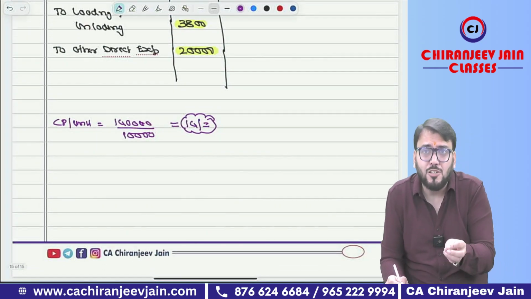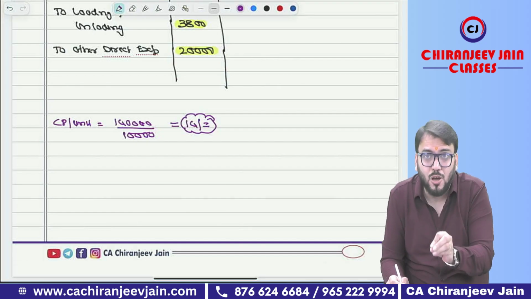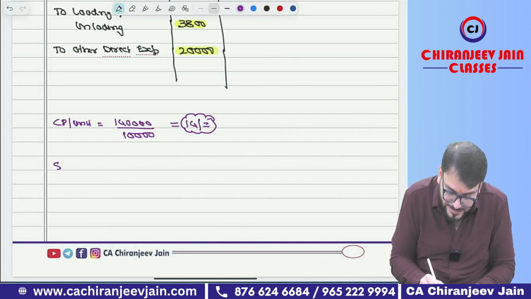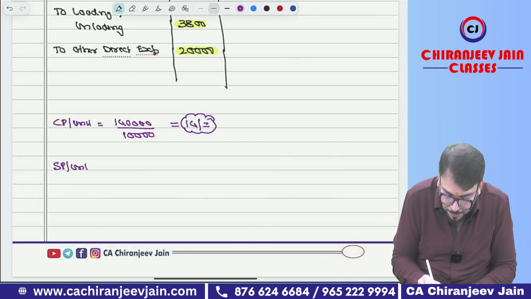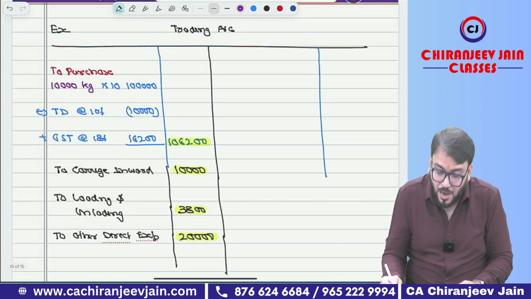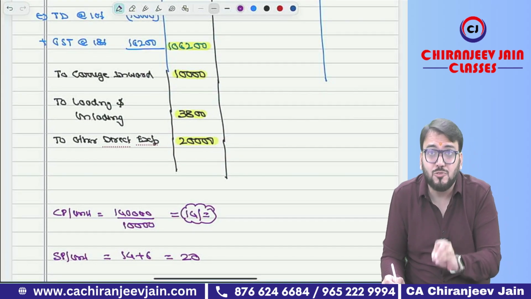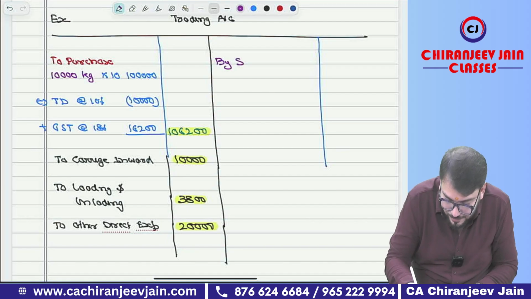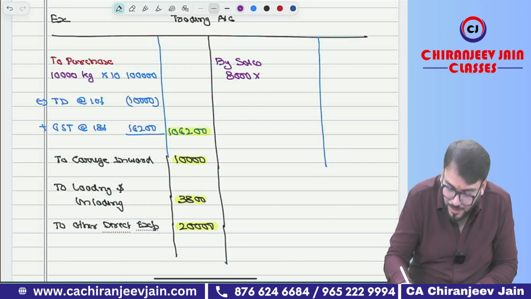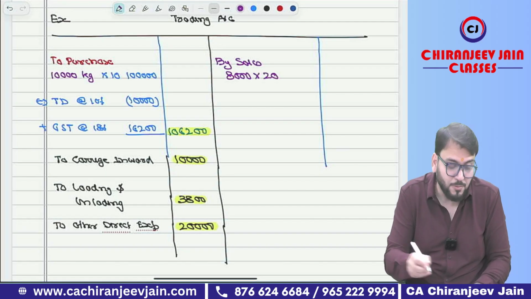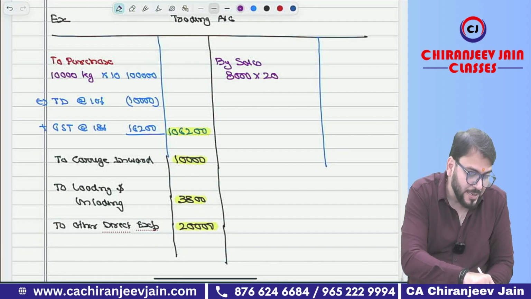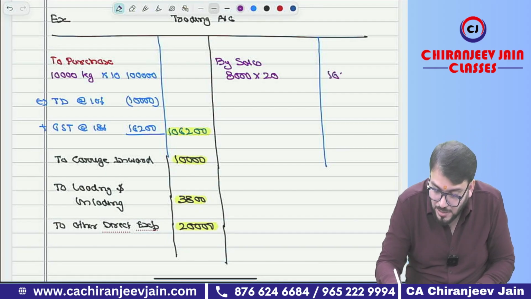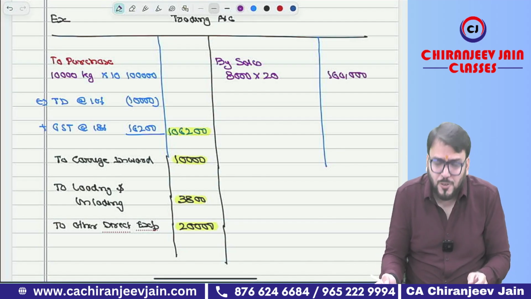Now if you want to find out the sale price, you will add a profit margin to the 14 rupees. Let's say sale price per unit is equal to 14 plus 6, which is 20. Now out of this 10,000 kg, suppose you have sold 8,000 kg. So sales is 8,000 into 20, which is 1,60,000.